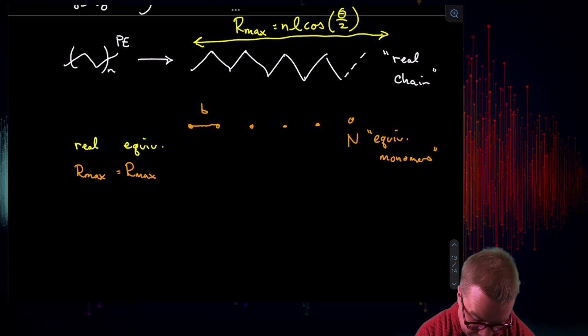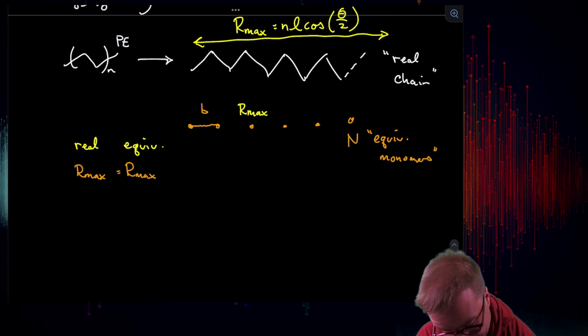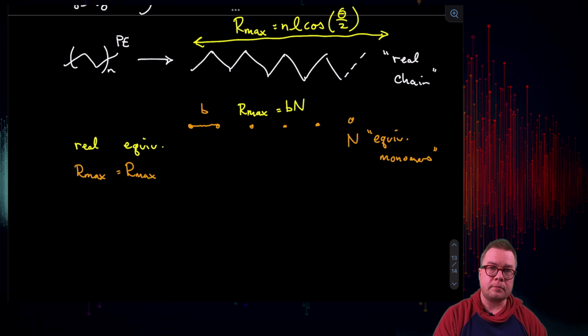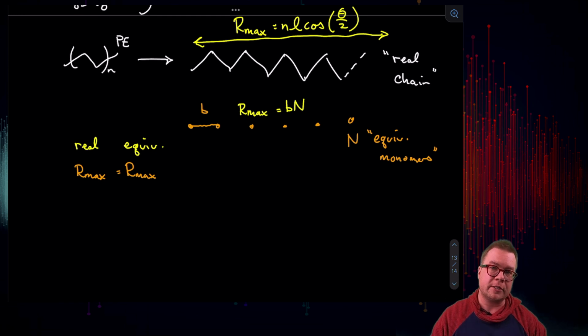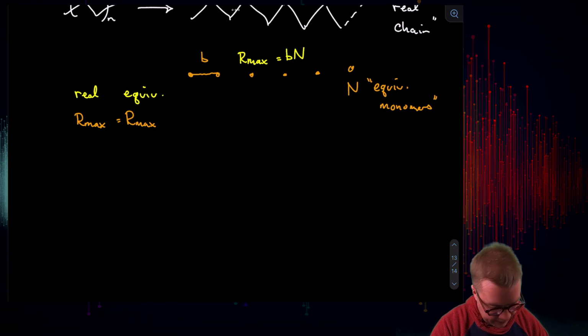And you can see for this equivalent chain that R max, because I've stretched it out like this, is just going to be B times capital N. So little n is the number of actual monomers that you have. Capital N is the number of equivalent monomers that you have. In other words, we group some of them together. Okay, so we kind of rescale the problem a little bit.